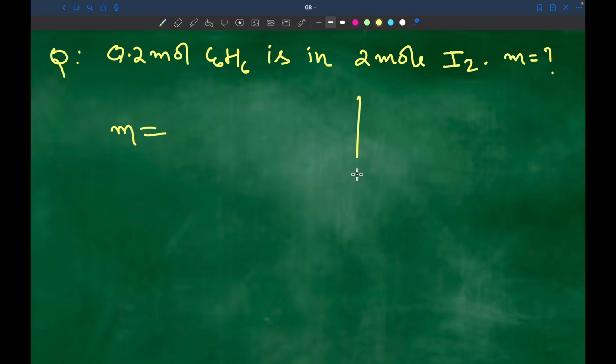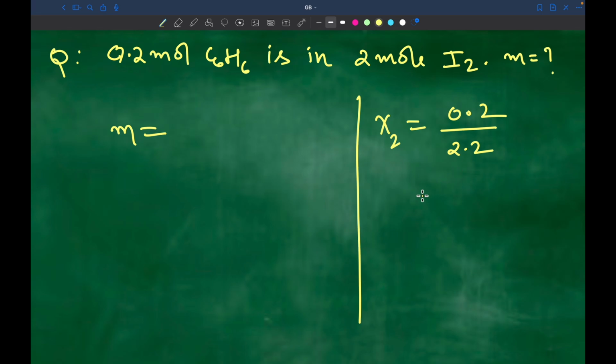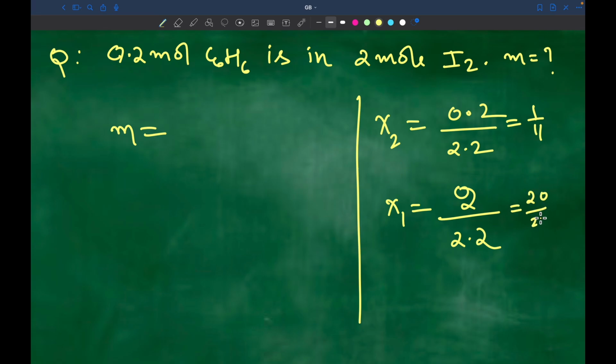Okay, so we need to calculate the mole fraction. x2 equals 0.2 by 2.2 and x1 equals 2 by 2.2, so this is x1 and x2. This equals 1 by 11, and this is 20 by 22, which is 10 by 11, right?